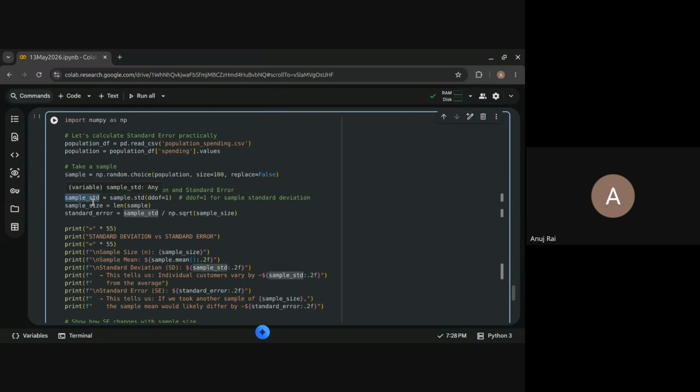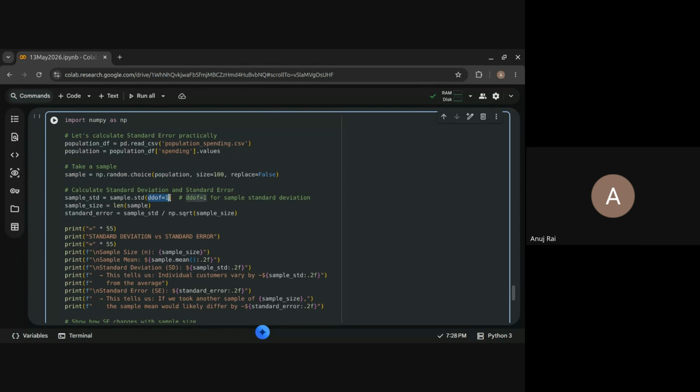In order to calculate the sample standard deviation, we have to set the degrees of freedom, ddof, as 1 as the parameter. So in this way, we are able to calculate the standard deviation of the sample. This is a NumPy method where you have to set whether you are calculating for a population or a sample.